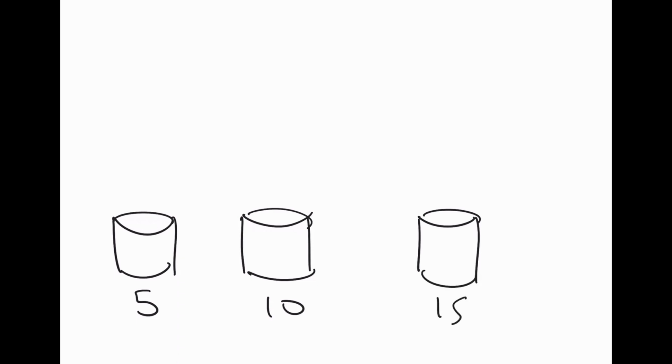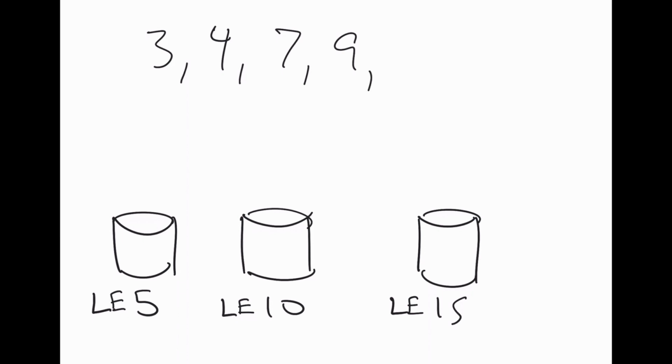Now, when you actually define these bucket boundaries in Prometheus, instead of just being a range like 0 to 5, 5 to 10, 10 to 15, Prometheus actually puts this prefix LE in front of each bucket. And what this actually means is less than or equal to. So let's again take a few numbers here. Let's say 3, 4, 7, 9, 11.